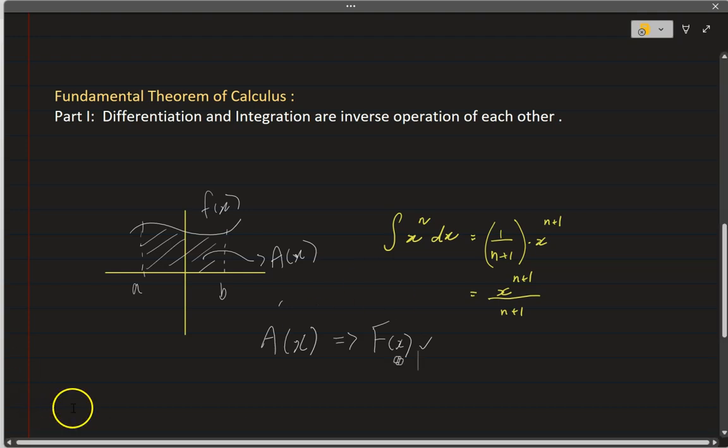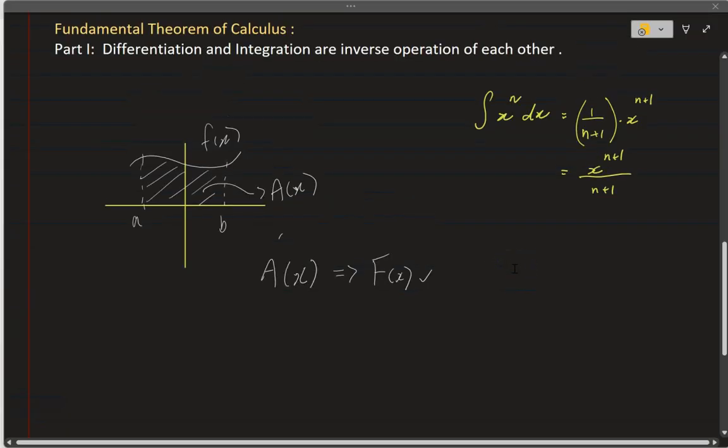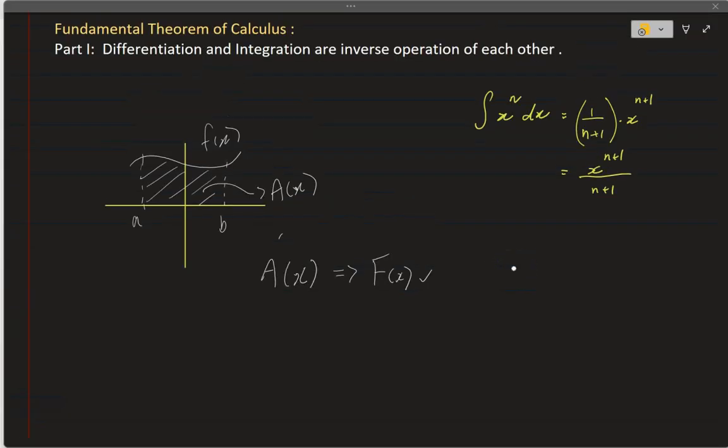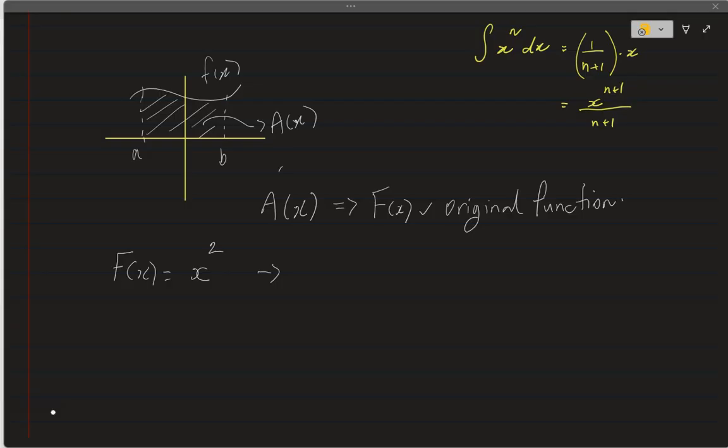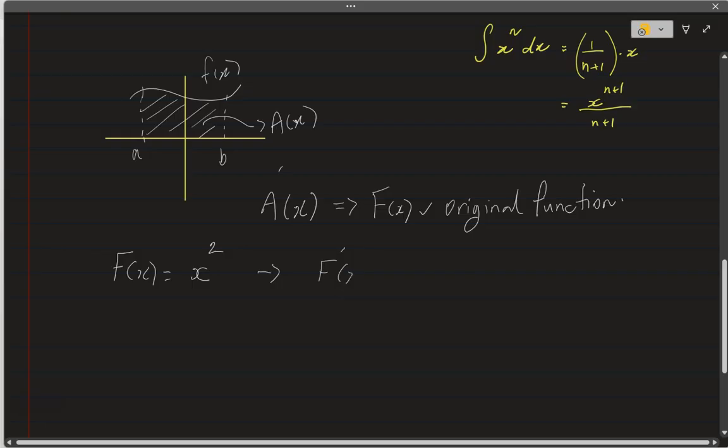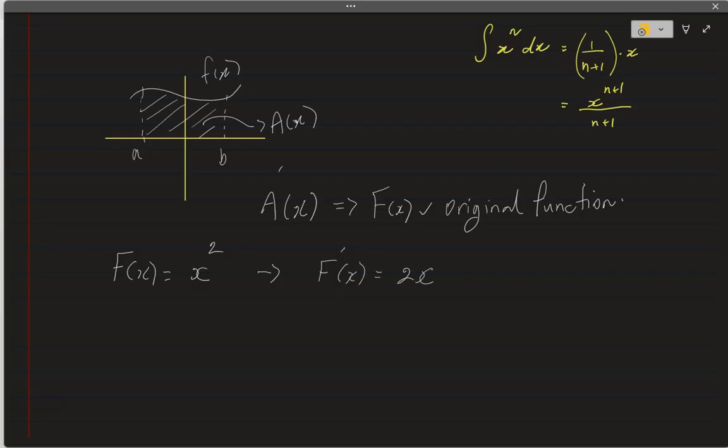Simple as that. So let me give you an example. Let's suppose we have the original function f of x equal to x squared. Let's take the derivative of that. What is f prime of x? That is simply 2x. Very good. Now, to go backwards to get the original function, we have to use the operation called the antiderivative, or we have to integrate it.